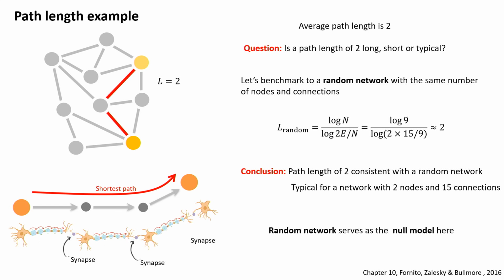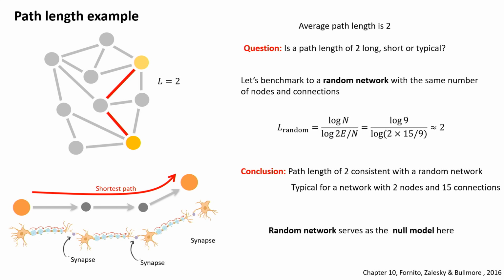So what we typically do is we consider, well, what's the path length in a random network that comprises the same number of nodes and the same number of edges? And for random networks, we have an analytic expression for the average path length, and it's the expression that I've shown there. So we can plug in the number of nodes, which is 9 in this case, and the number of edges in our network, which is 15, and the formula tells us that in a random network, the average path length is 2.